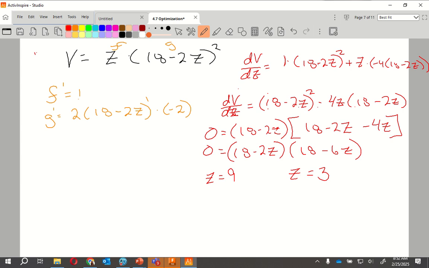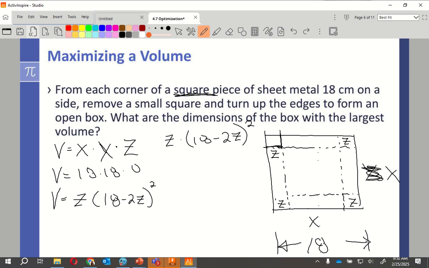Now since I have two answers, I have to think about restrictions on my domain. It could be either 9 or 3. Let's go back to the picture. Can z be 9? Why can it not be 9? You're going to cut off the whole thing, right?